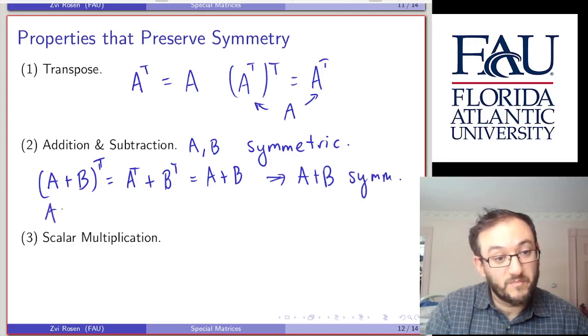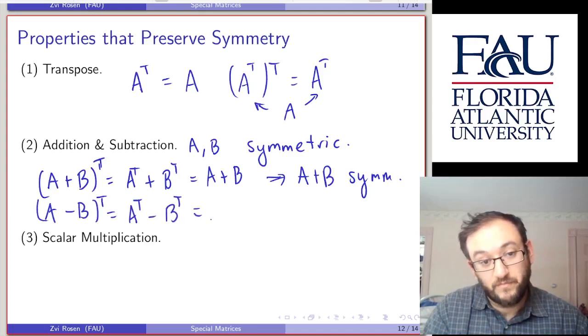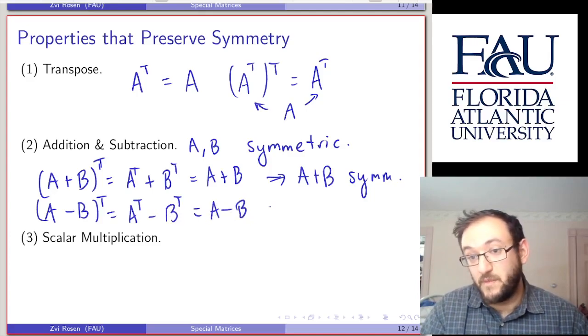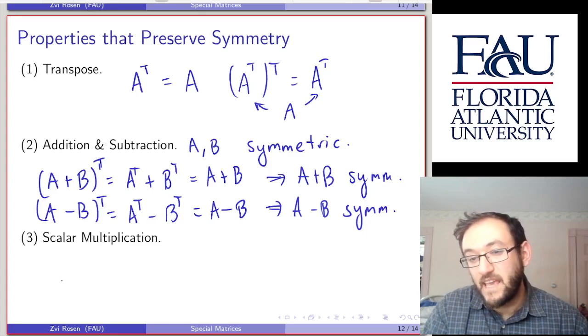How about A minus B? Same idea. If you apply the transpose, it distributes over the subtraction, and then you apply symmetry of both to find that it's equal to A minus B again, so A minus B is also symmetric. How about scalar multiplication?